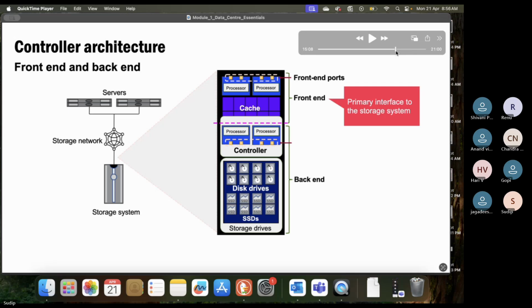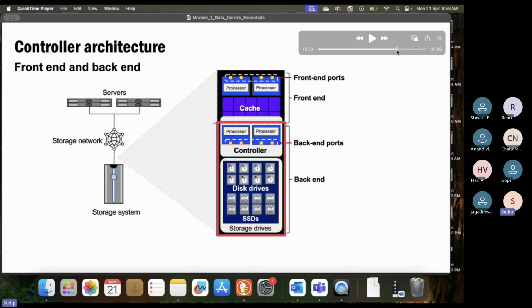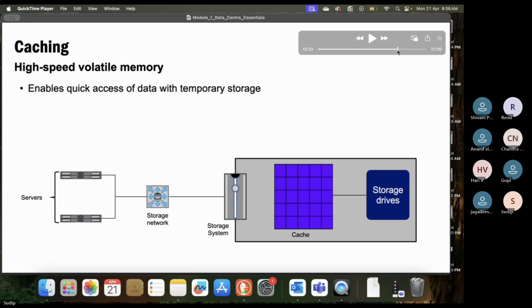And this animated diagram which we saw after this is just showing, at a block level, the entire storage system. Here, the demarcation has not been made in terms of what is front end and what is back end. It is just showing the operations. But since we learned in the previous diagram that cache actually belongs to the front end, the cache memory will be there in the front end.